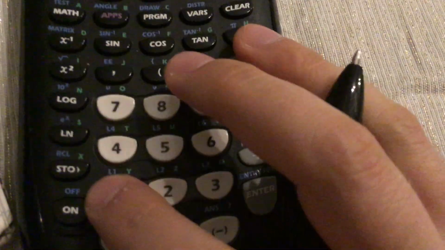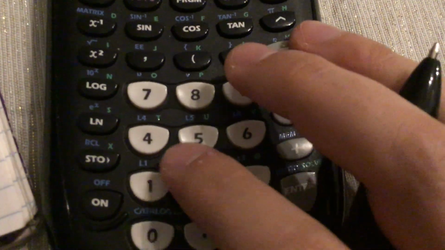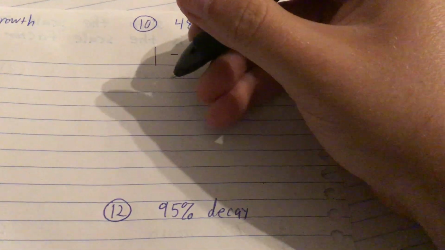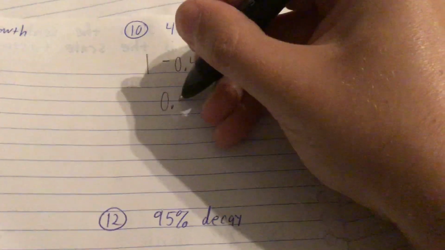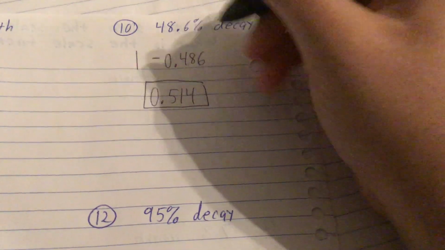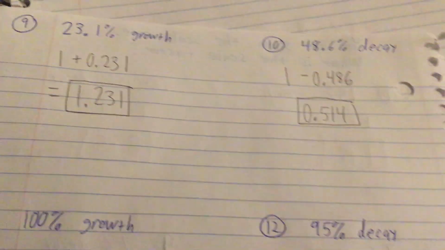Then I get out my calculator. 1 minus 0.486. My scale factor is going to be 0.514. So it retains 51.4% of its original value is what this problem is trying to say.